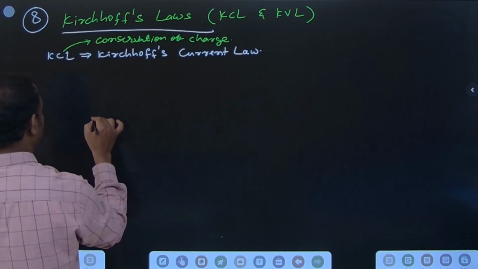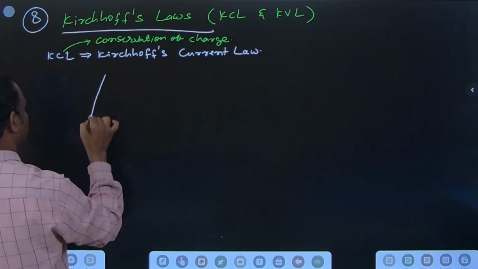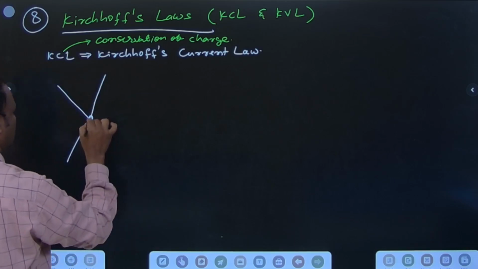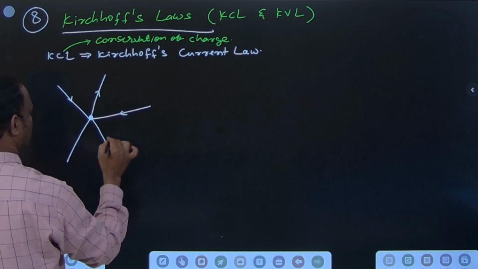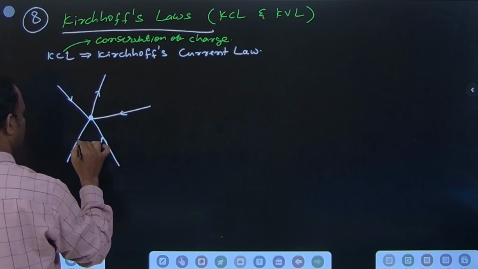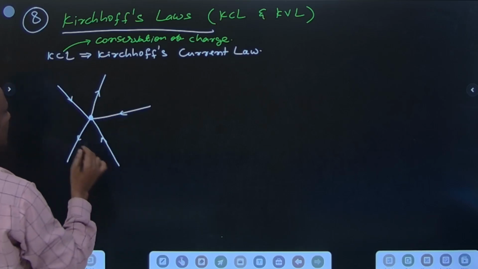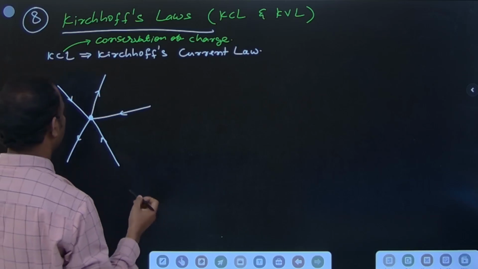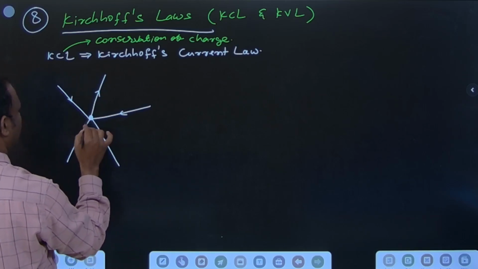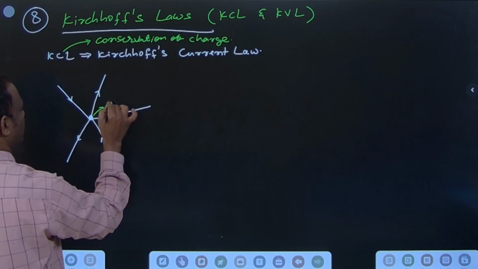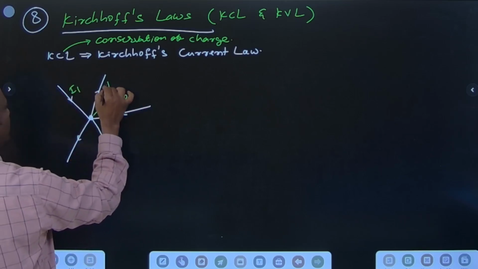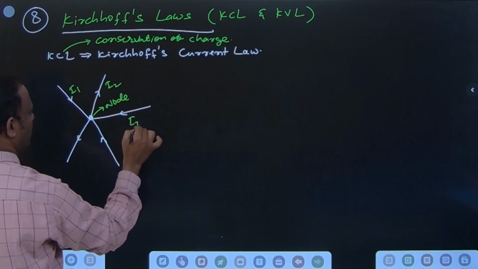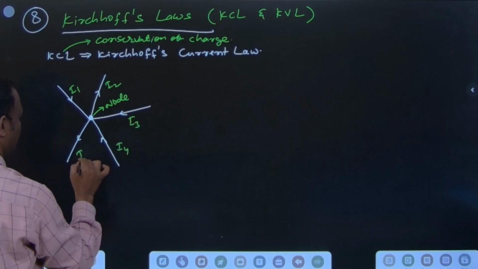For KCL, at a junction, the sum of entering currents and leaving currents is equal to 0. This is a node or junction with currents I1, I2, I3, I4, I5.